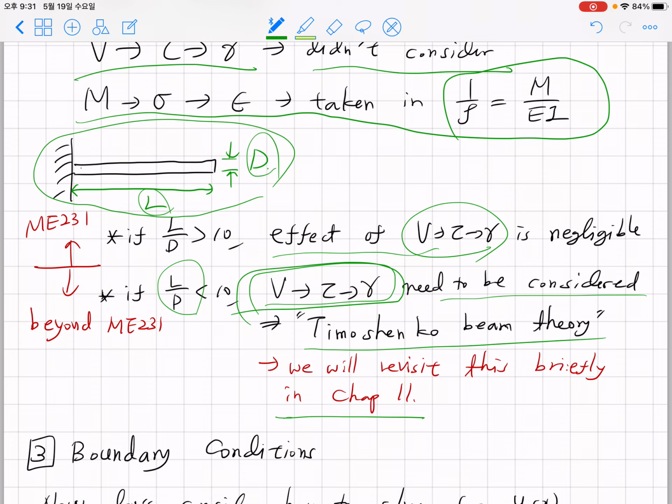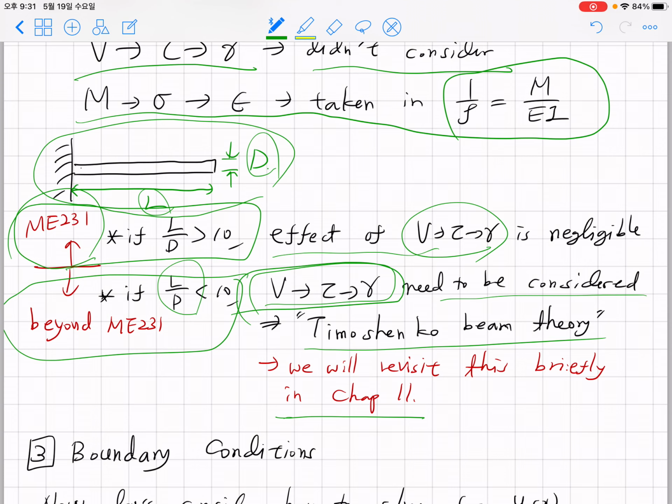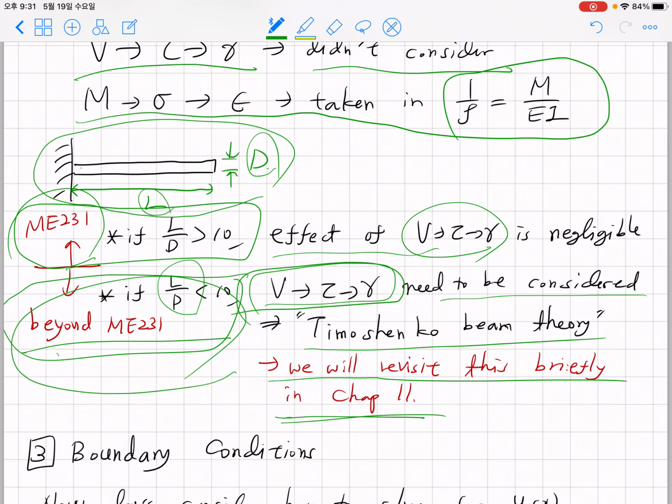So our scope will stay here, and small aspect ratio beams will be beyond Euler-Bernoulli beam theory. However, even though it's beyond Euler-Bernoulli beam theory, we will briefly touch on this problem in chapter 11. So from now on, forget about this. We'll just visit this in chapter 11 in the beam deflection lecture, which we're going to take from today. You only need to remember the first line.